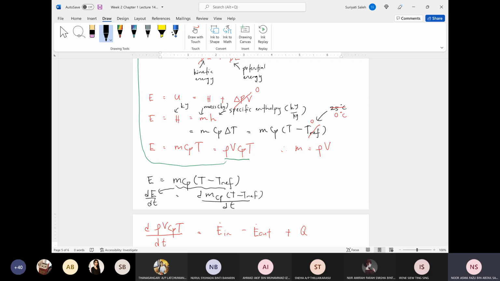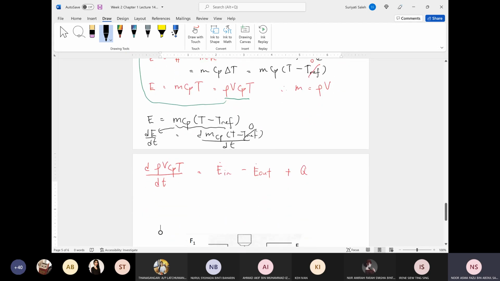So for simplification, we assume T reference equal to 0. That is why we assume 0, because we want to eliminate the T reference term. When we eliminate it, the equation becomes simpler than before. Any other question? Okay, if there is no further question, then I continue with the lecture.